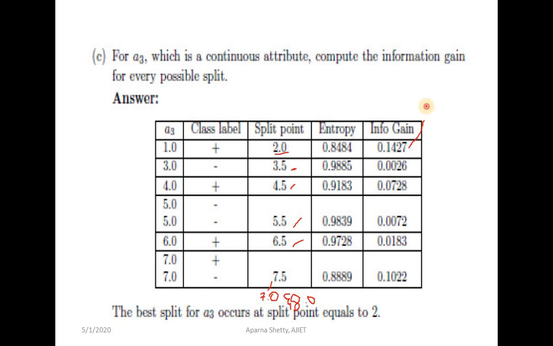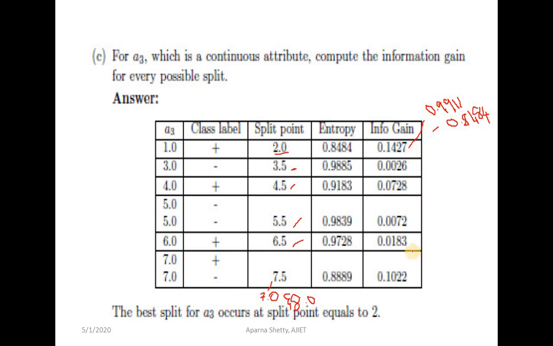The entropy of the parent is 0.9911, correct? This is the entropy of the parent minus the entropy of the child, that is 0.8484. So it is 0.8484. This will give you the information gain for each split point.